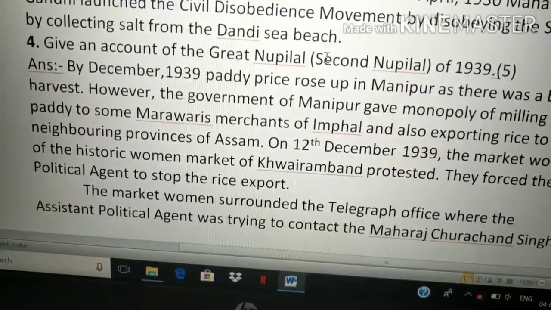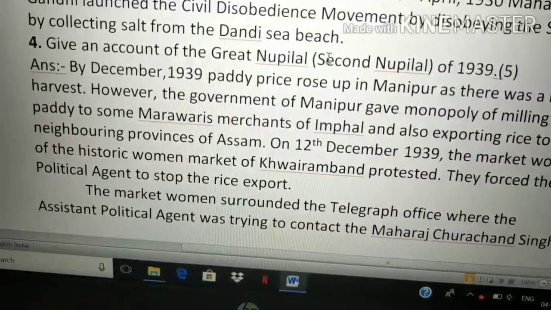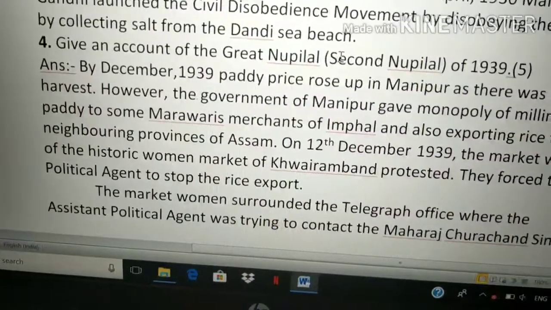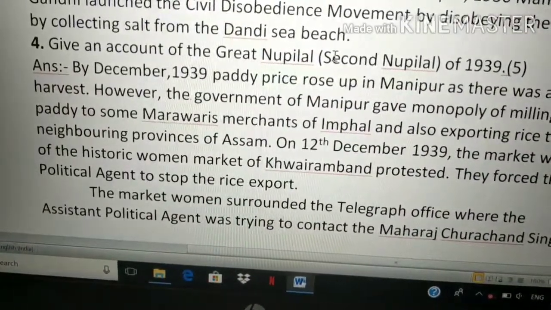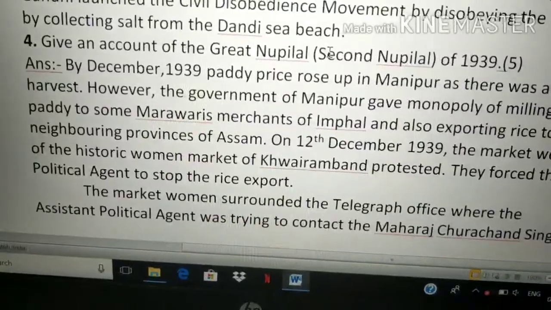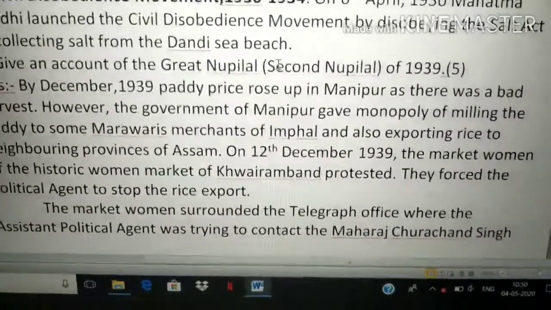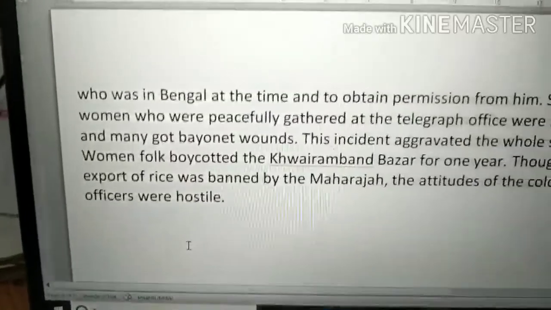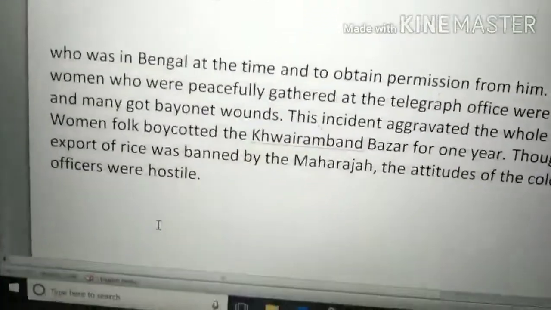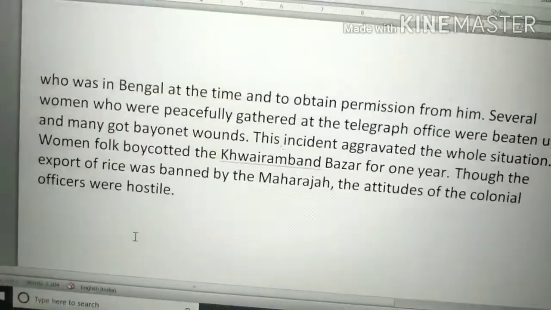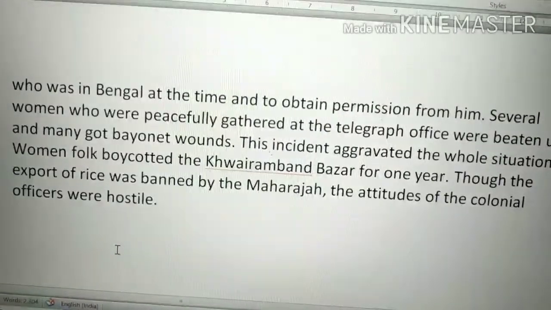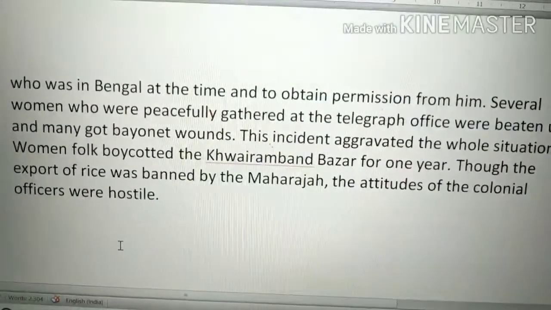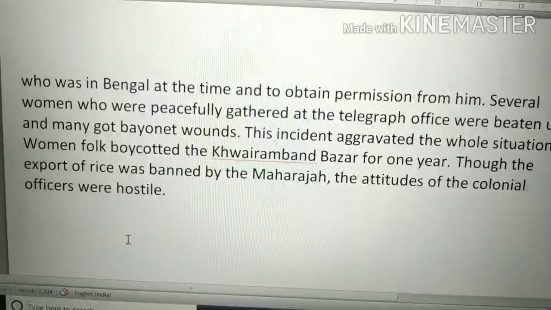The market women surrounded the telegraph office where the assistant political agent was trying to contact Maharaj Churachand Singh, who was in Bengal at the time, to obtain permission from him.